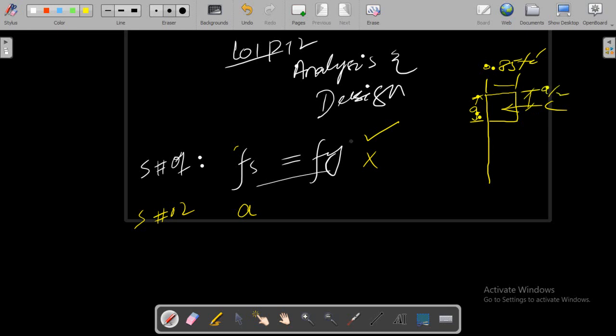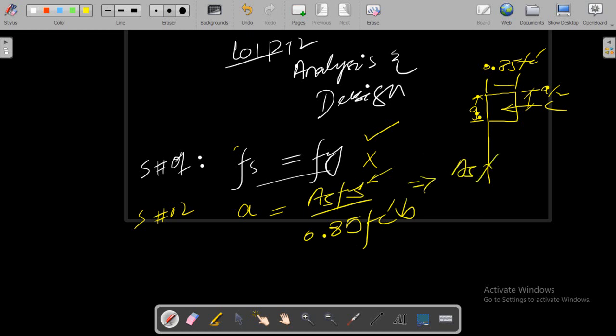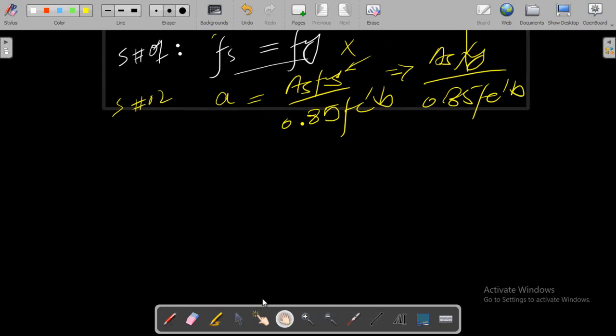We derived the equation for a: area of steel times Fs divided by 0.85 fc prime into b. Here we insert Fs equals Fy, so we use Fy divided by 0.85 fc prime into b. This will be the final equation of a.